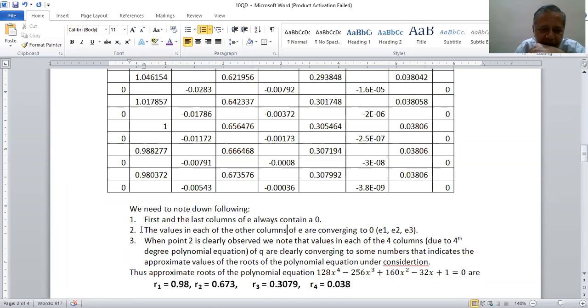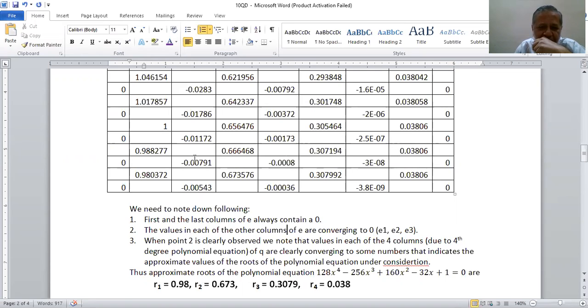When this point 2 is clearly observed, as it is clearly observed here, we note that the values in each of the 4 columns of Q are clearly converging to some number. This number is going to some particular number, because the difference of the values appearing in the columns of Q, last value minus the previous value, is very small.